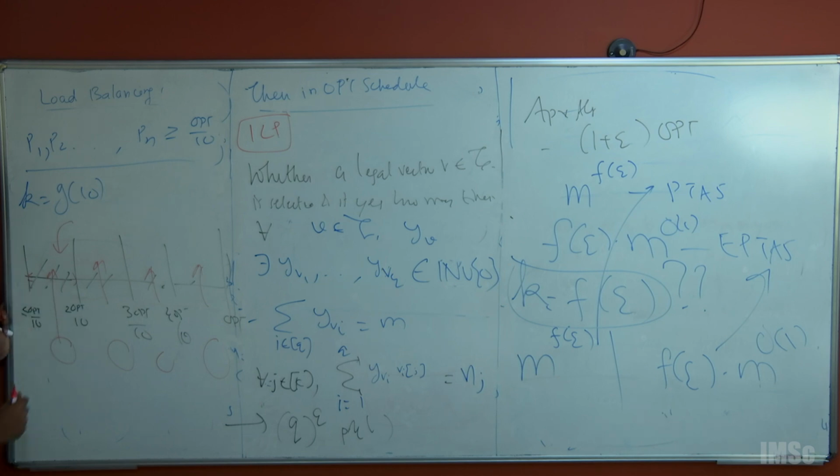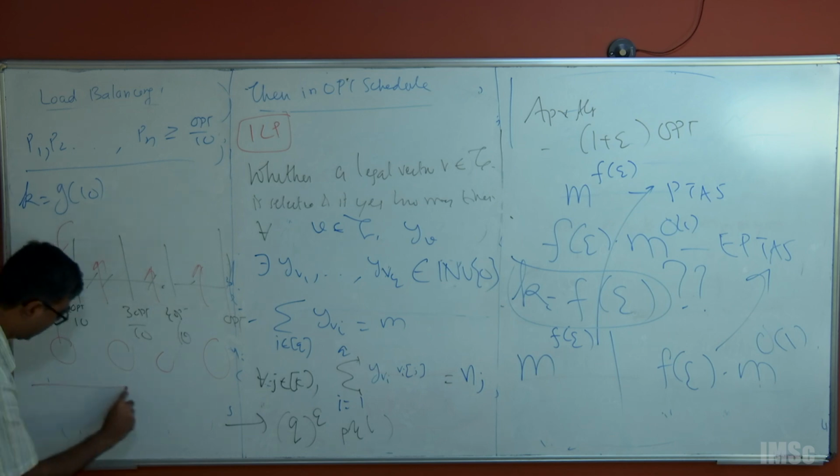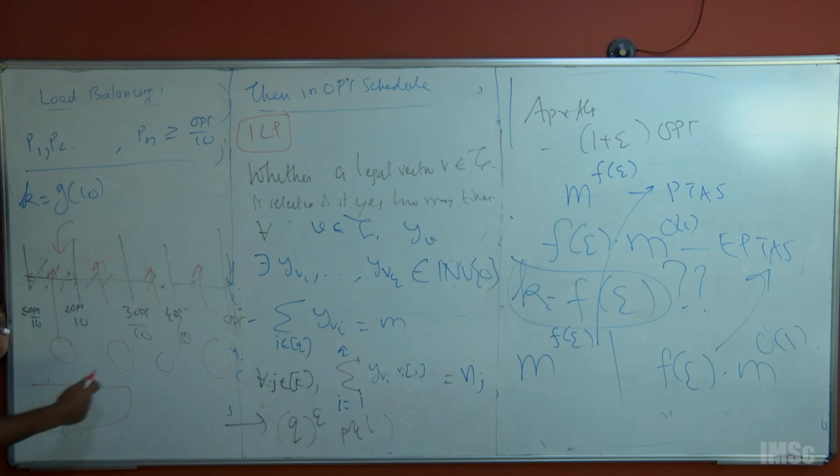Now, what is the cost of the solution currently? Look at the bad bucket. What I'm going to say is that if I have a job here, I say your processing time is no more than this. Your processing time is your boundary.